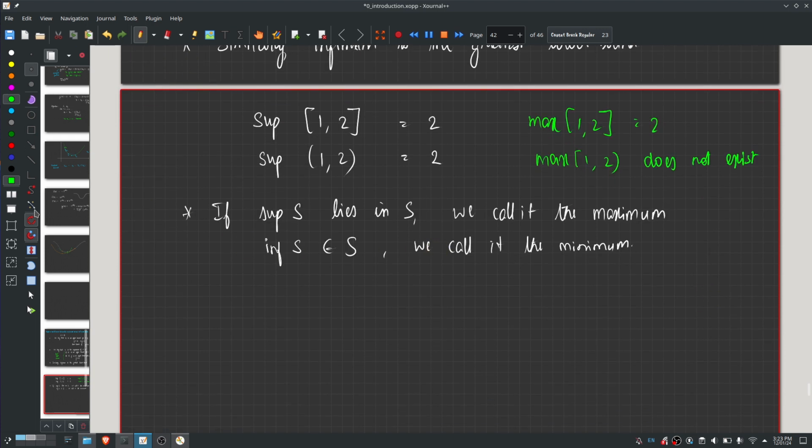And in particular, suppose that the set is unbounded on the right. Right? So there's no maximum value. So in other words, if S is not bounded from above, we'll define the supremum of S to be equal to infinity.